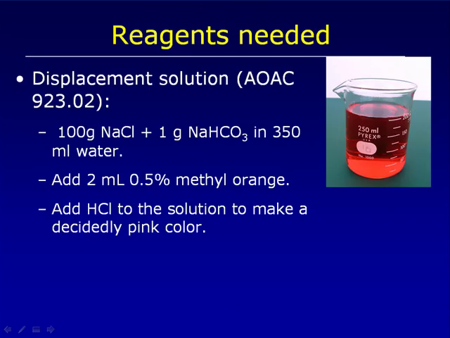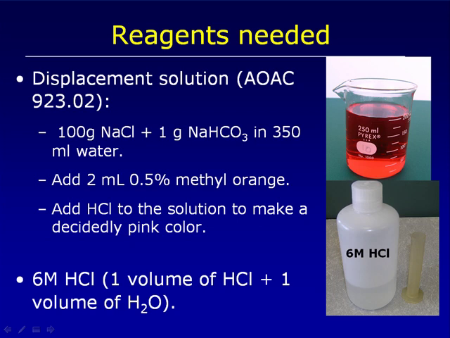Let's work our way through the protocol. You're going to need a colored reagent solution that's going to be displaced by the CO2 gas. To do this, you'll add methyl orange into a solution and bring pH down with HCl to around pH 4 to make a decidedly pink color.